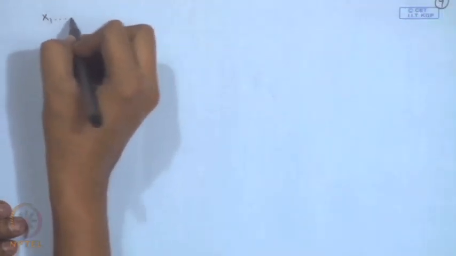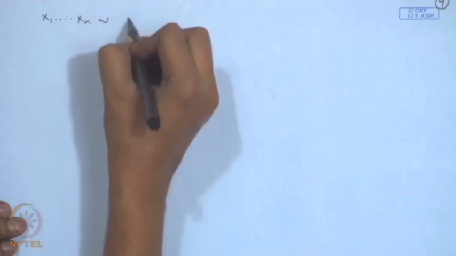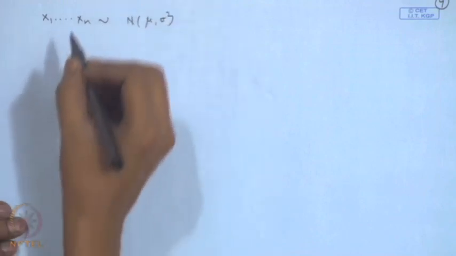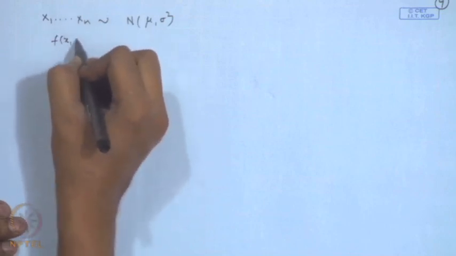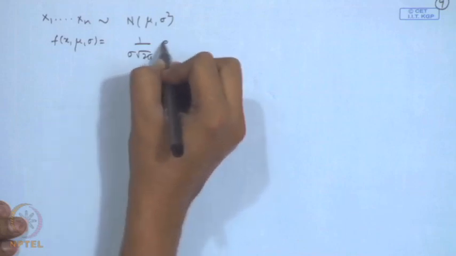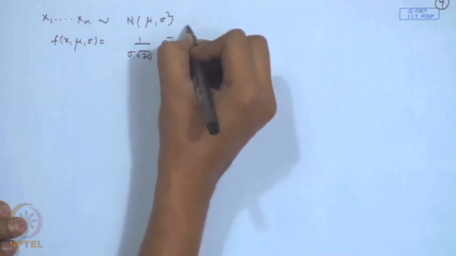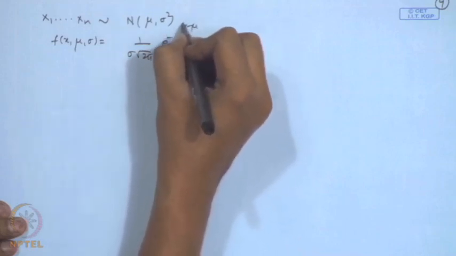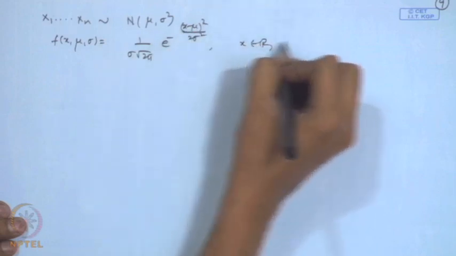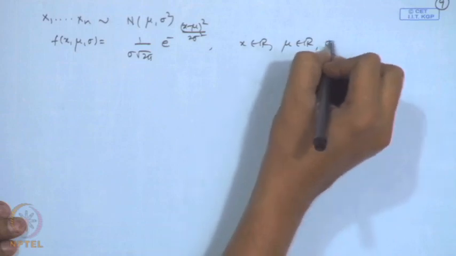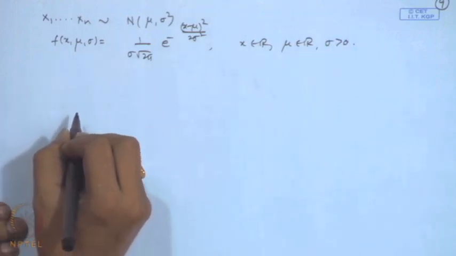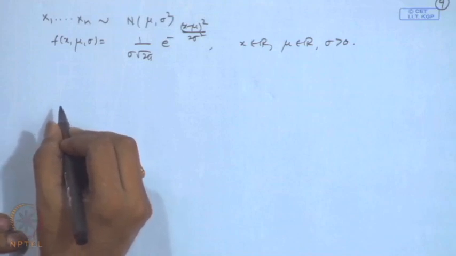Say X1, X2, ..., Xn follow normal(mu, sigma square). So, here the density function is 1 by sigma root 2 pi e to the power minus (x minus mu) whole square by 2 sigma square. We are considering sigma square here.